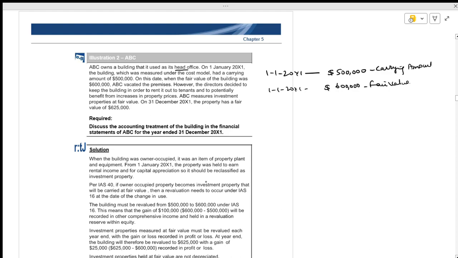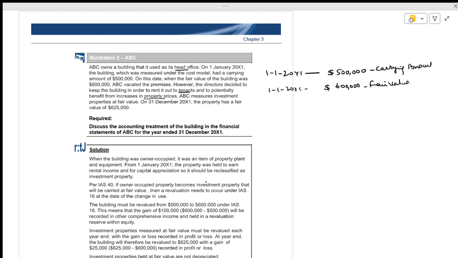Fair value is 600. Now, ABC vacated the premises. However, the director decided to keep the building in order to rent it to tenants, meaning other people, and to potentially benefit from the increase in property prices.